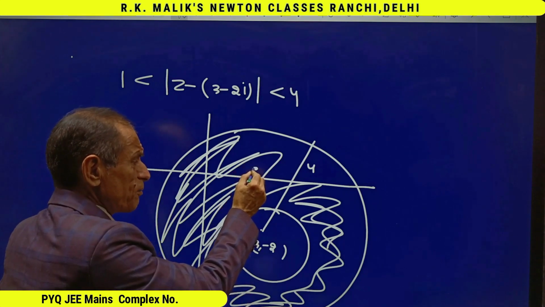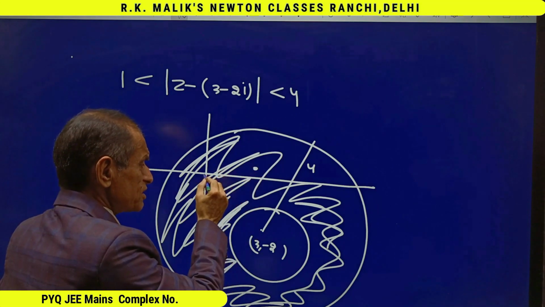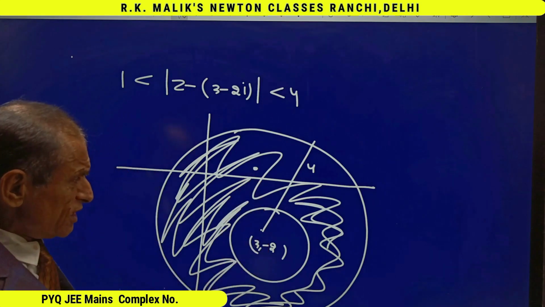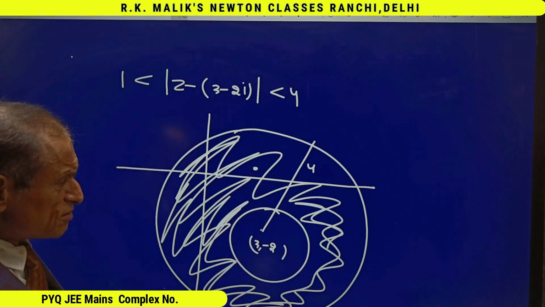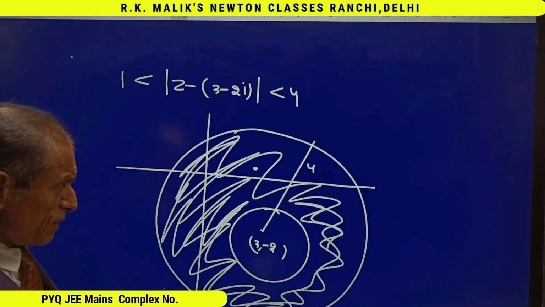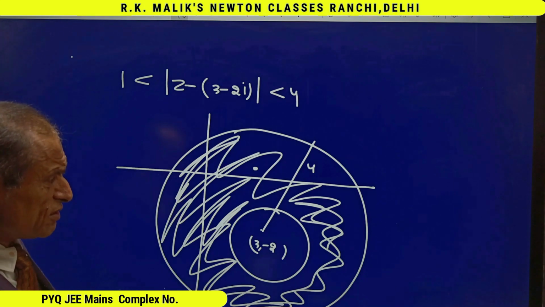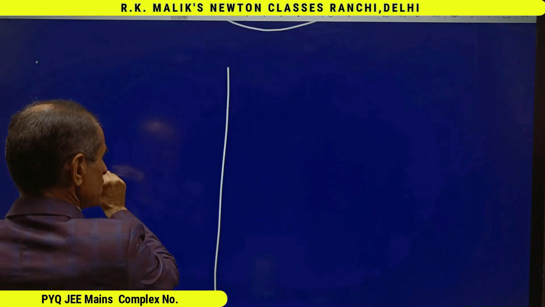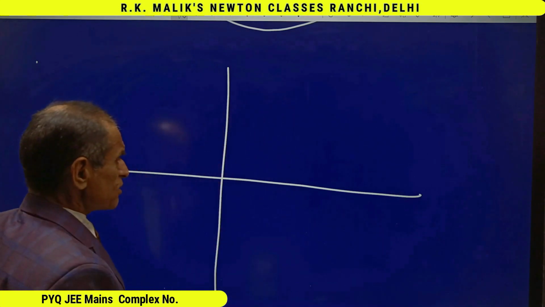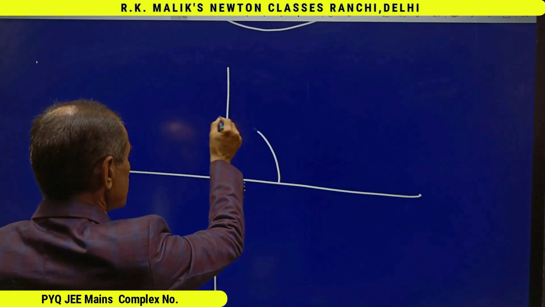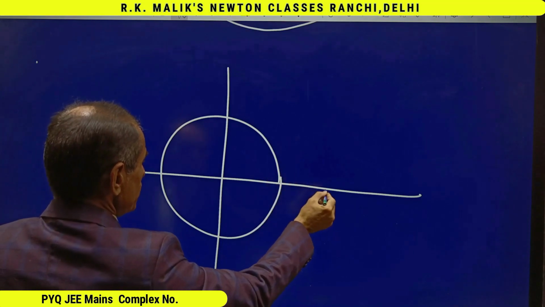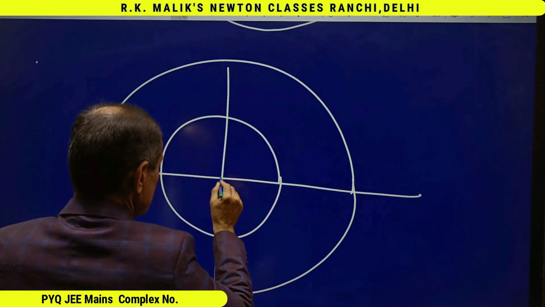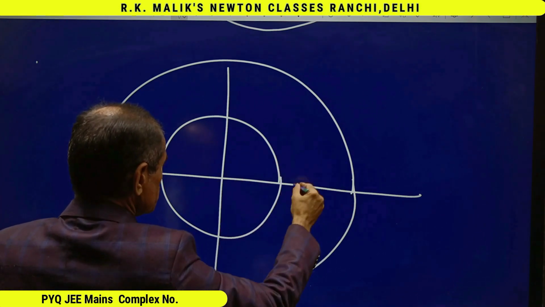If this is some integral point, after shifting of origin from here to here, the coordinates of this will change, but it will still remain an integral point. And by shifting of axis, my calculation will become smaller. Hence, we now conclude that we have to find the number of integral points lying in this portion.